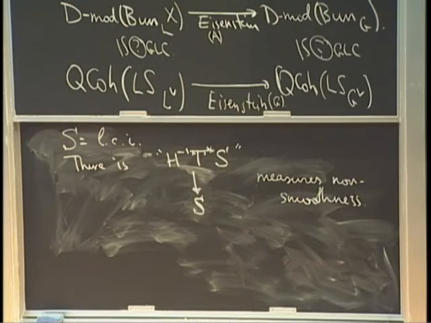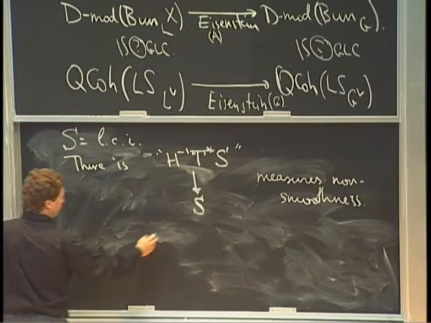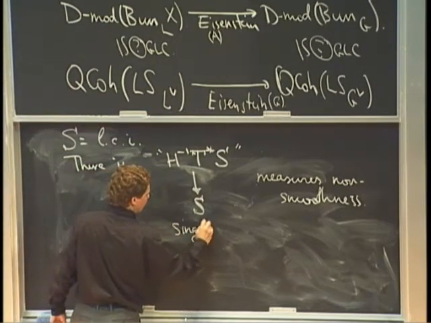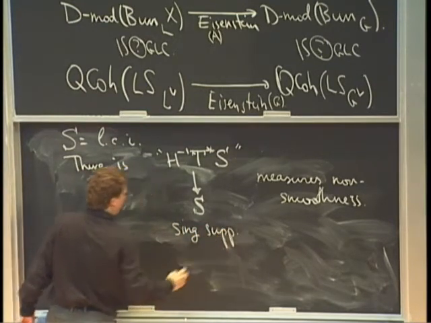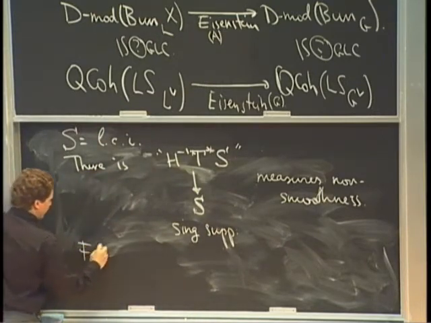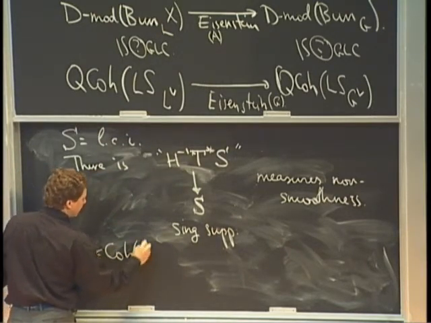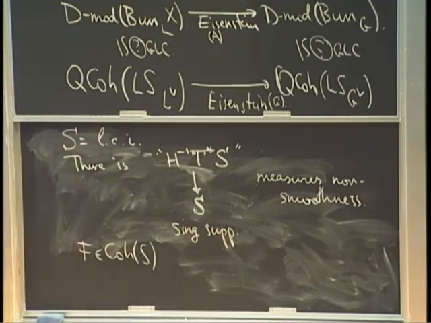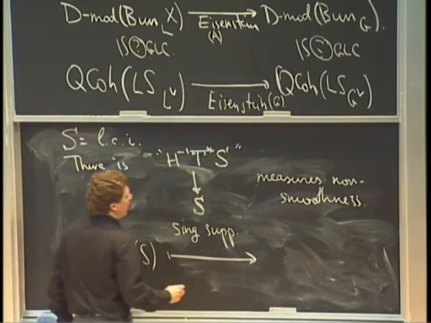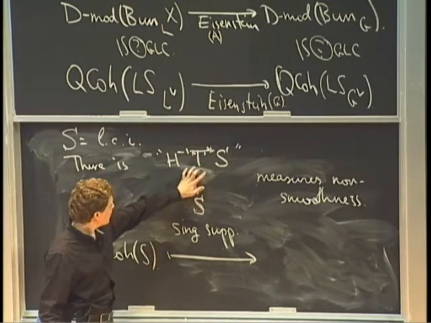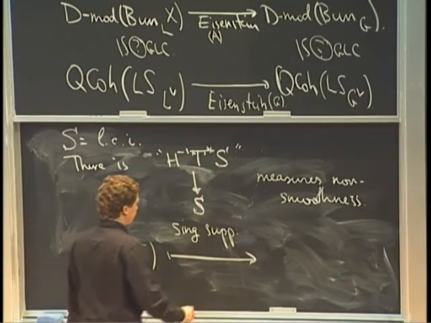OK, and so you have this gadget that measures non-smoothness of a local complete intersection, and then this singular support operation assigns to a coherent sheaf on S, or a complex of coherent sheaves, a closed conical subset in here.